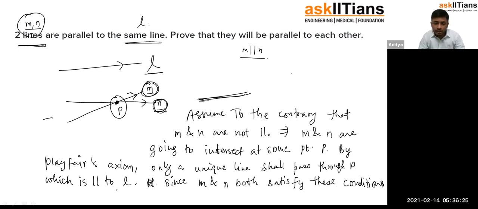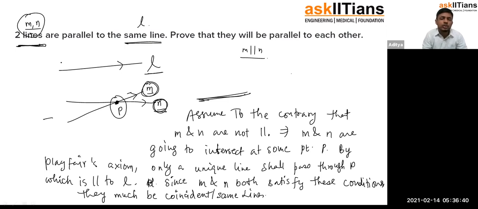They must be coincident or basically the same lines, right? Coincident or the same lines. But we are assuming here that these are two distinct lines, okay? So that's what we are saying. So this is a contradiction. And hence we can say that our initial assumption must have been false.